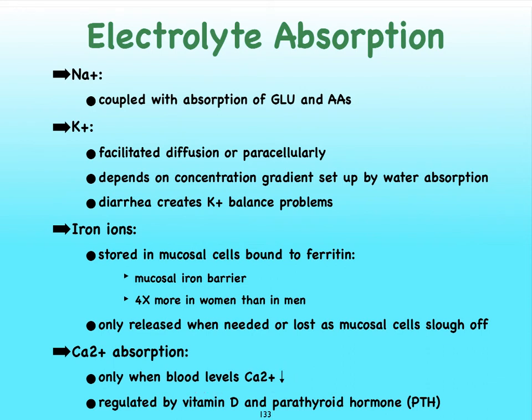So when blood calcium levels drop, parathyroid hormone is going to stimulate more absorption of calcium in the gut with the help of vitamin D, and we'll even see more absorption of calcium in the kidneys.